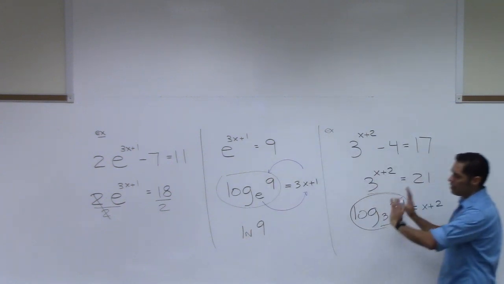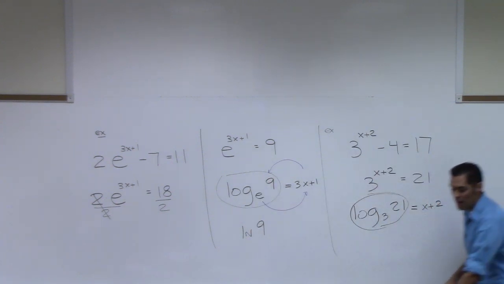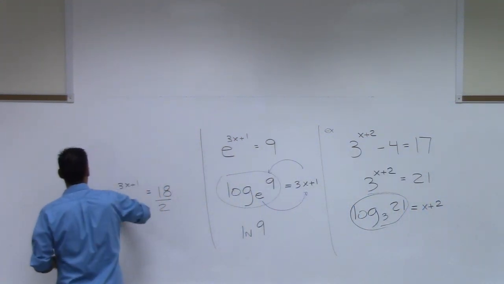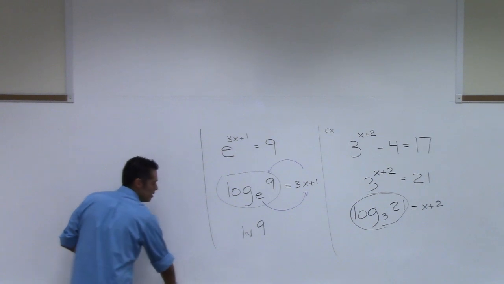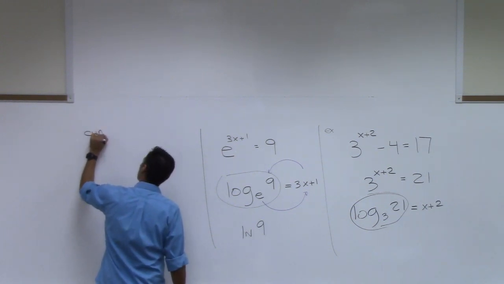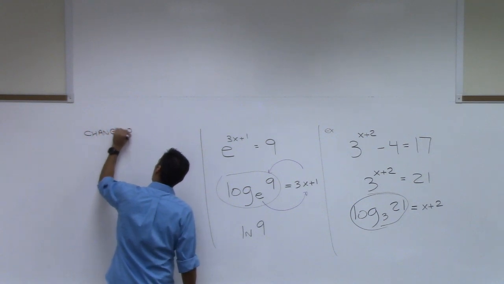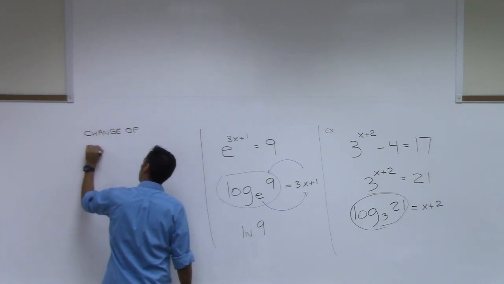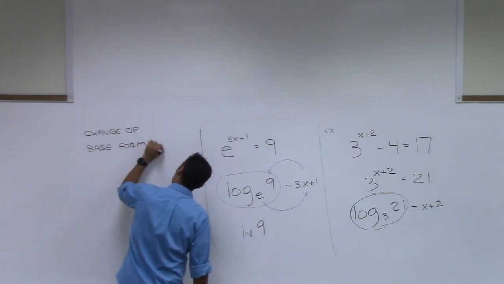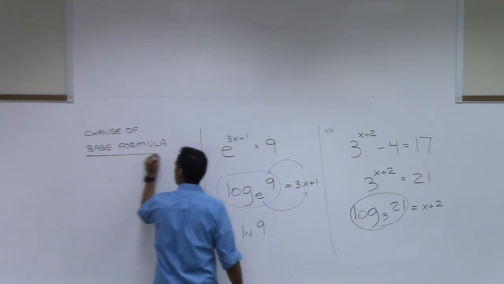Okay, but I'm still going to stop here because I need to give you the final property of the day, which is, it's actually a formula more than it is a property. This is called the change of base formula. Okay, and here's what it is.